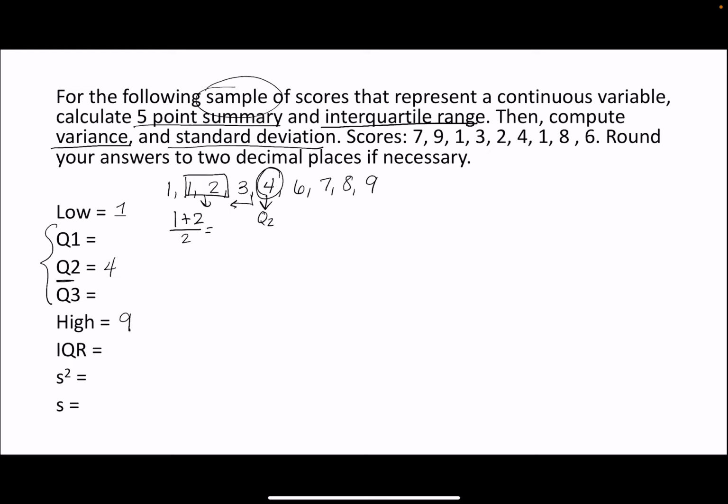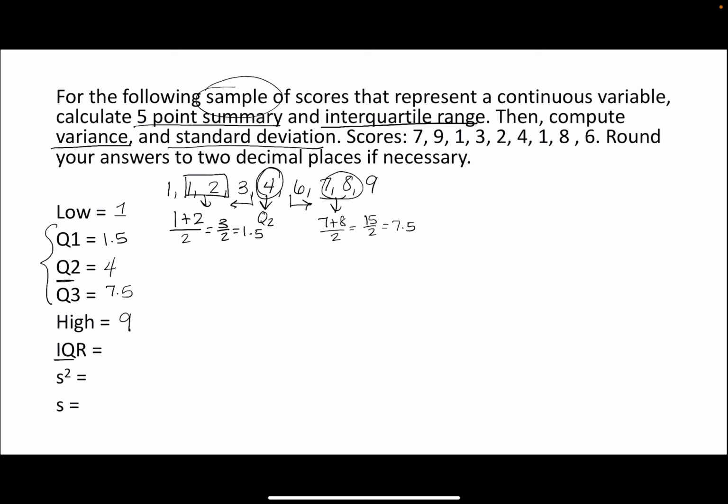That gives us 3 over 2, or 1.5. So our Q1 is 1.5. I'm going to do the same thing on the right-hand side. Since there are 4 numbers, again we take the center two, 7 and 8, add them together and divide by 2. We're just averaging those numbers. That becomes 15 over 2, or 7.5. So there's our Q3.